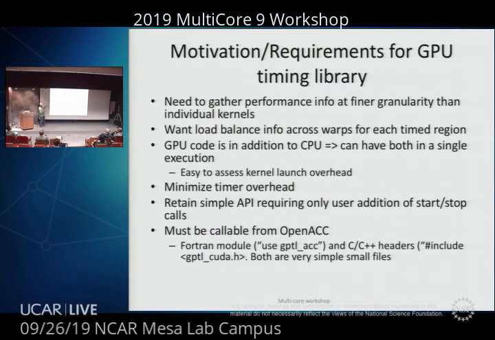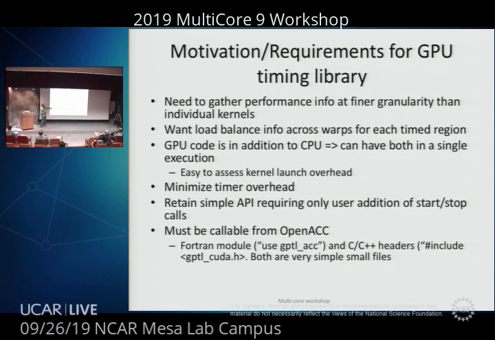I tried to retain as much of that simple API approach as possible. Just call start and stop and then give it some sentinel that tells you what region it is that you're timing. It's a little bit more difficult to separate that ability from just passing in a character string because, as I said, you don't want to be doing a lot of character data manipulation inside of a computationally intensive kernel running on the GPU.